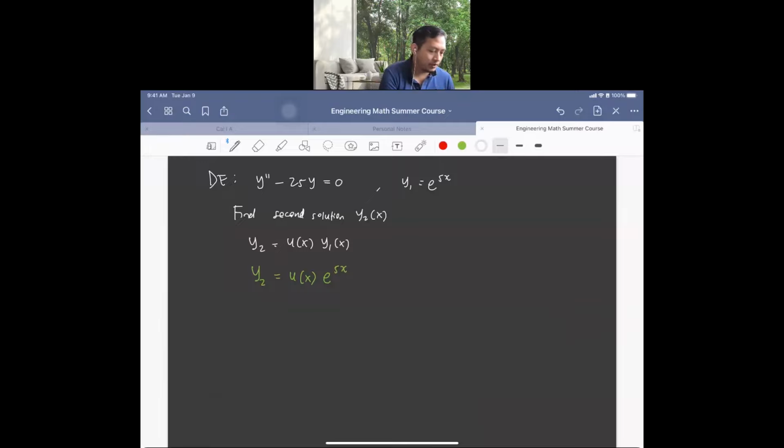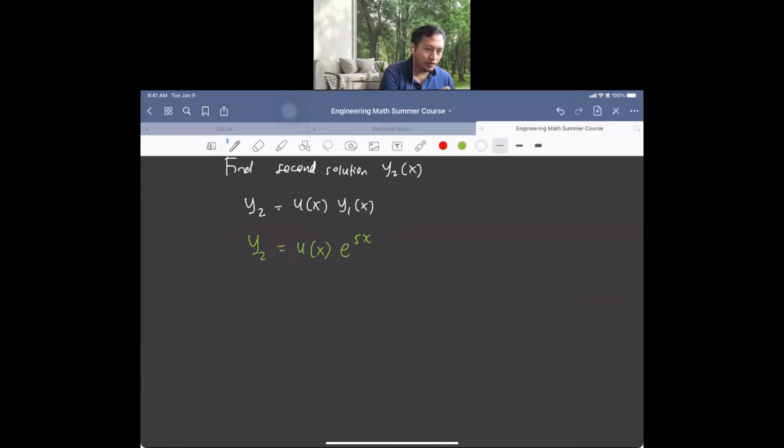Now, if we have this y2, then we define y prime. Differentiate one time with the product rule, of course. Then we have 5 e^(5x) u(x) plus e^(5x) u prime, right?